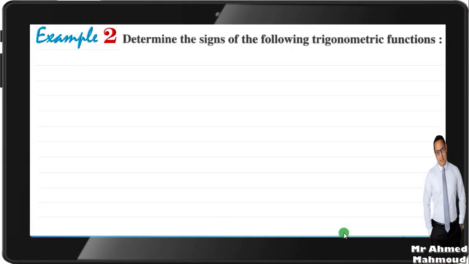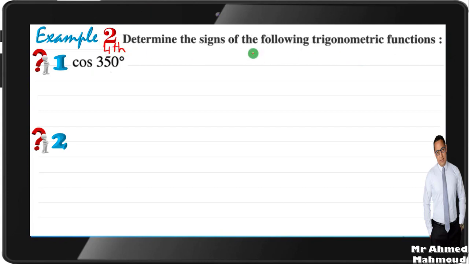In this example, determine the sign of the following trigonometric functions. Number 1, cosine 350. 350 belongs to the fourth quadrant.